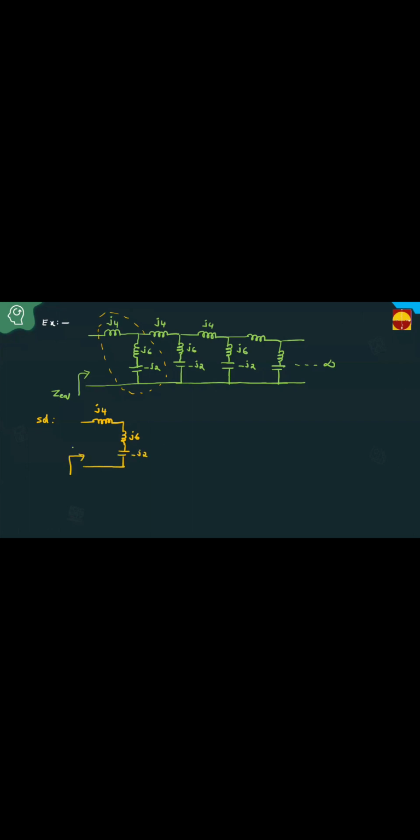This is Z equivalent. This is also Z equivalent. Shall I write like this? This is J4, J6 minus J2. Total impedance, we can add directly. This is J4. This is Z equivalent.